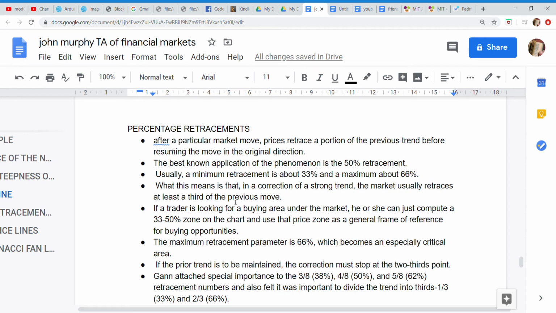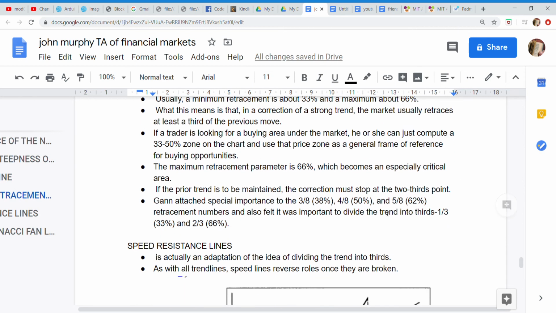What this means is that in a correction of a strong trend, the market usually retraces at least a third of the previous move. If a trader is looking for a buying area under the market, he or she can compute a 33 to 50% zone. The maximum retracement parameter is 66%, which becomes an especially critical area.